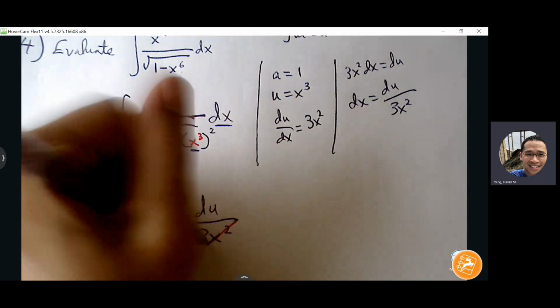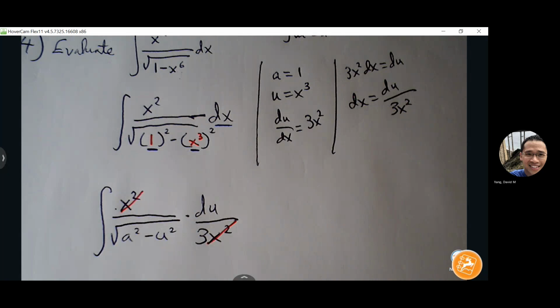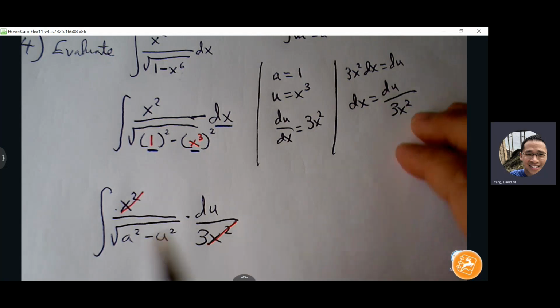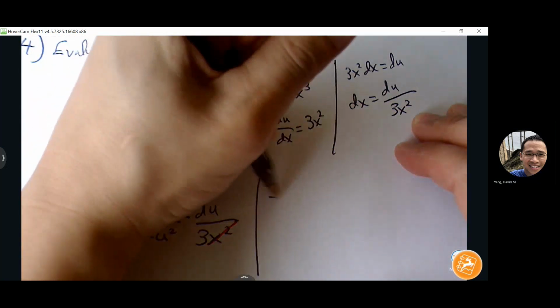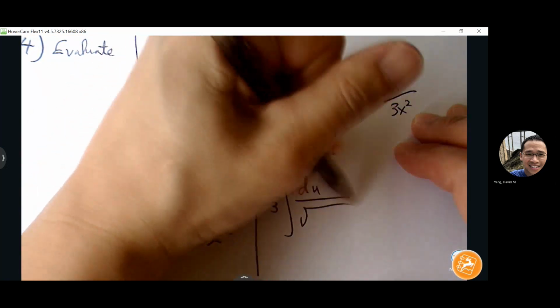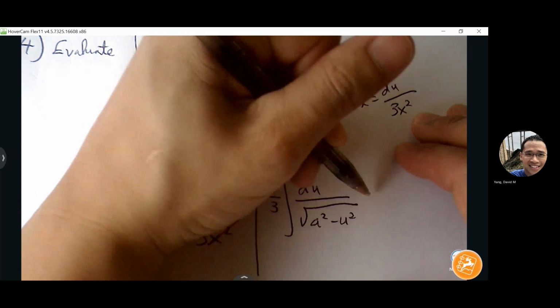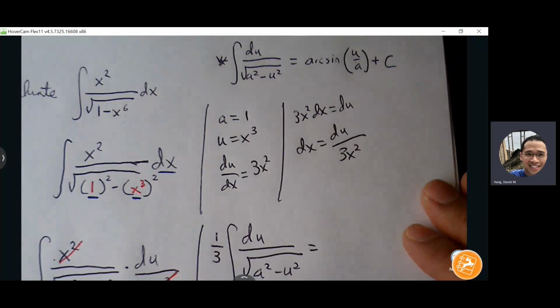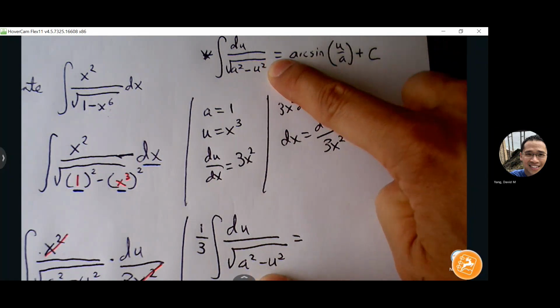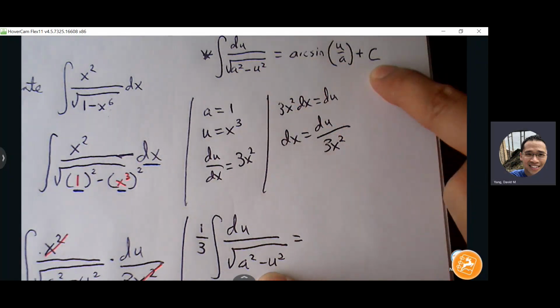But you got to keep track of what? This comes out as a what? 1/3, right? 3 in the denominator. Okay, perfect match with the rule that I want to use. Okay, now I can apply my rule.